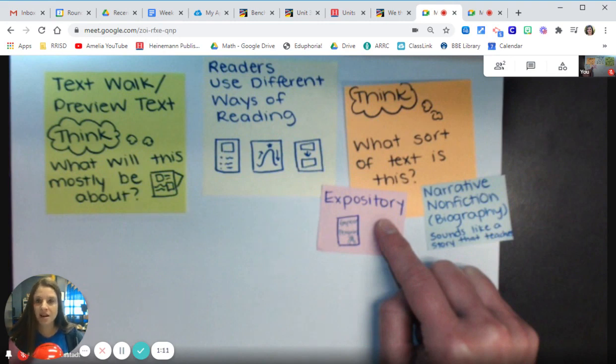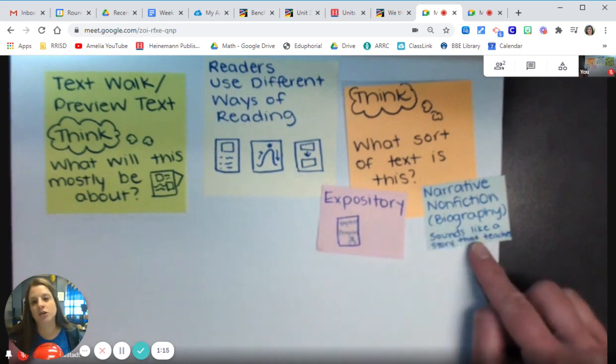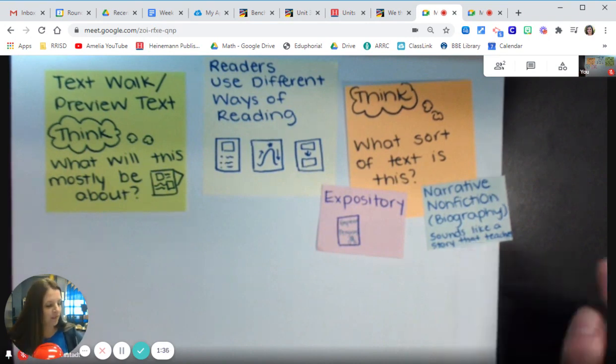But sometimes through our text walk, we might notice that it's not your traditional expository text. It could be a narrative nonfiction, meaning that the author's teaching us about a person through a narrative structure where it seems like a story, but we're learning facts about somebody, like in a biography. So it sounds like a story, but really it's teaching us.